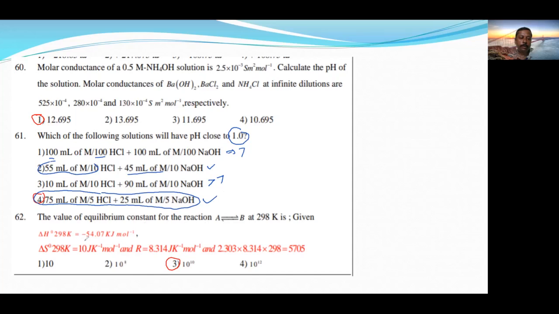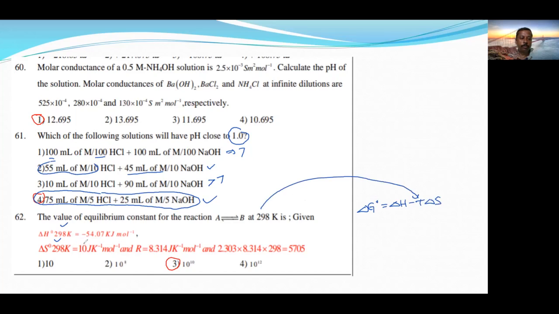Then the equilibrium constant for this reaction, delta H and delta S are given. So first of all, by using them, what will you find out? Very good. You will find out delta G naught. Delta G naught is equal to delta H minus T delta S. Here the temperature is how much? 298 Kelvin.